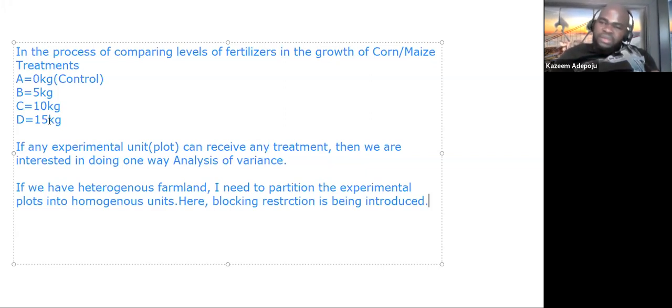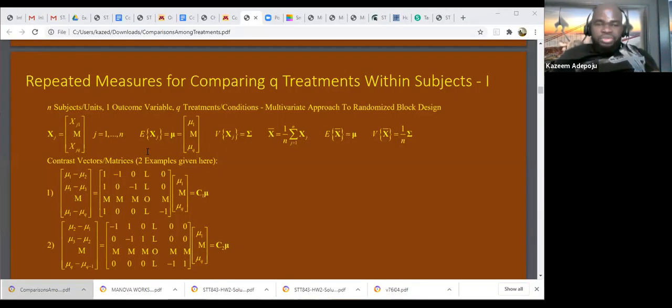I think you now understand the difference between the univariate randomized block design and the multivariate randomized block design. And that's exactly what I want to showcase right here, so I'm going to go back to my slide right now.